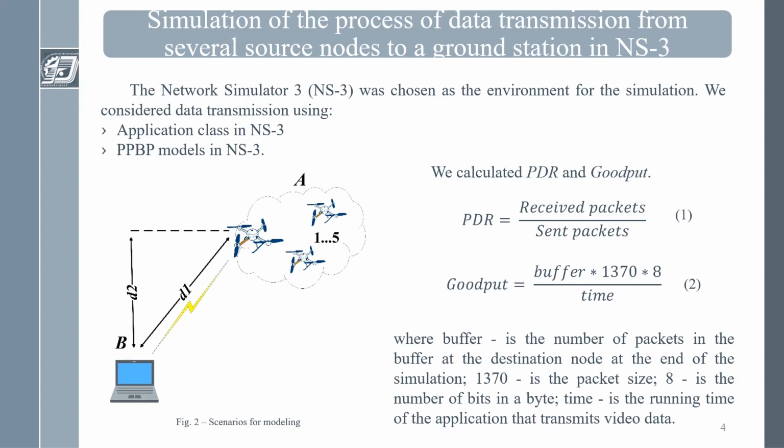In the first case, we estimated the influence of the number of sources on packet delivery rate as the distance between the source nodes and a destination node increased. And we also changed the channel width for the Wi-Fi standard, and we also changed modulation and coding schemes.